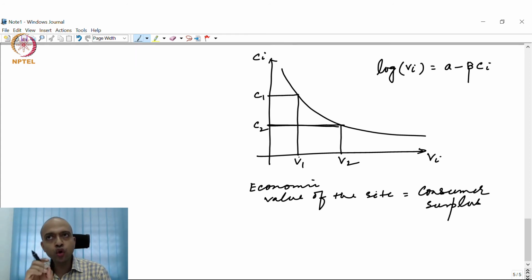This is at the core of any economic transaction. Whenever we make a transaction, the quoted price should be lower than our maximum willingness to pay. Otherwise, even if we have money, we will not purchase that product.